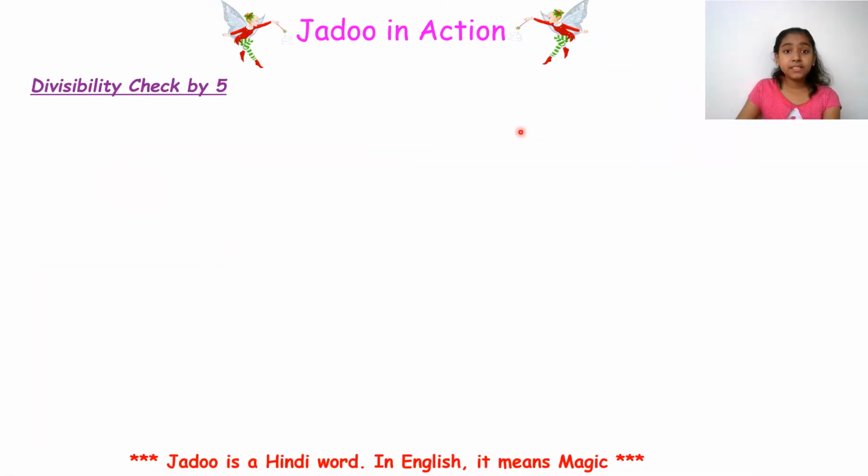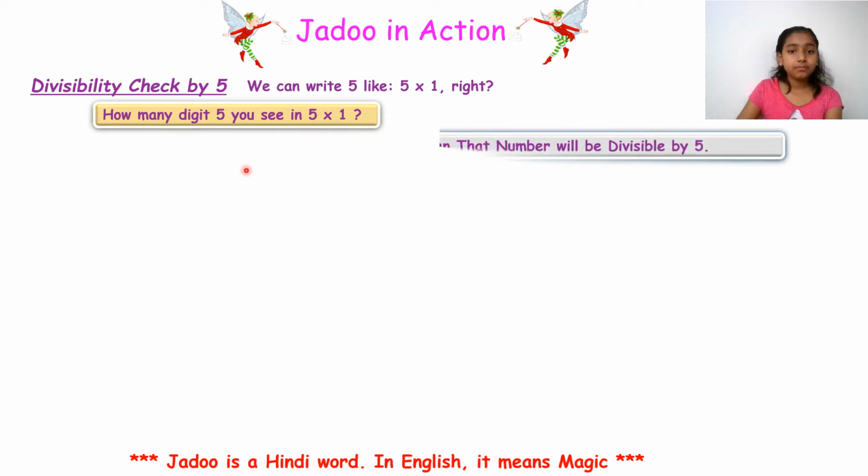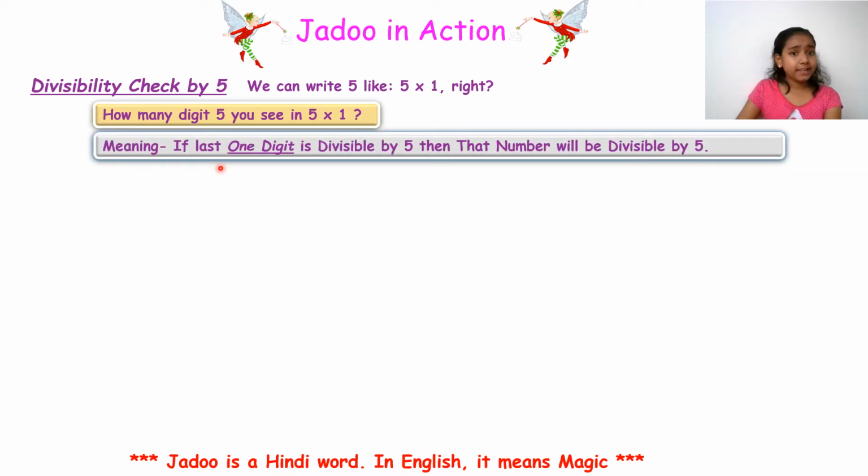Divisibility check by 5 means we are going to learn if a given number is divisible by 5 or not. We can write 5 like this, right? Yes, we can. How many digits do you see in 5 times 1? 1. That's correct. It means if the last one digit is divisible by 5, then that number will be divisible by 5.